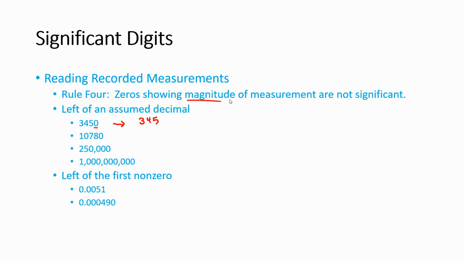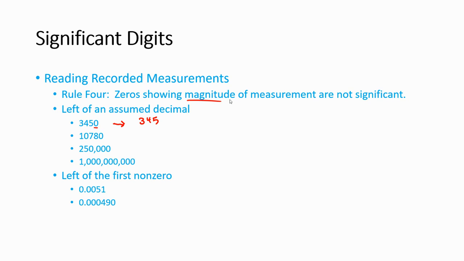Zeros that are at the end of a number before an assumed decimal place, or to the left of an assumed decimal place, are what we call placeholders. They're important because they show the magnitude, whether it be in the tens, the hundreds, the thousands, the 10,000s, etc. But we don't know if they were measured or not.